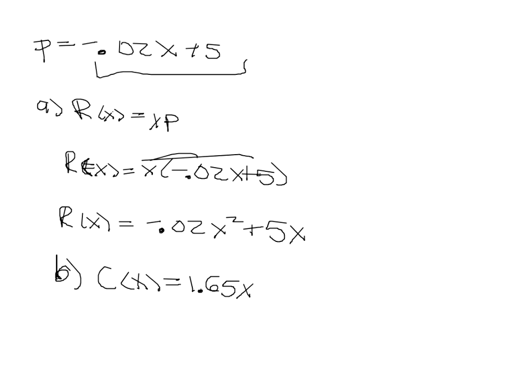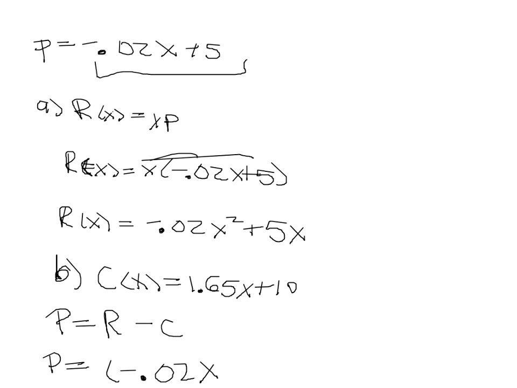1.65x plus 10, find the profit. Now profit is revenue minus cost. So it's the money that comes in minus your bills. And so our revenue is minus 0.02x squared plus 5x minus (1.65x plus 10).